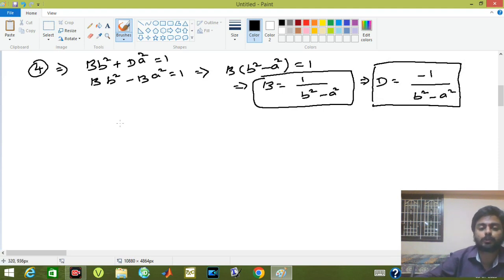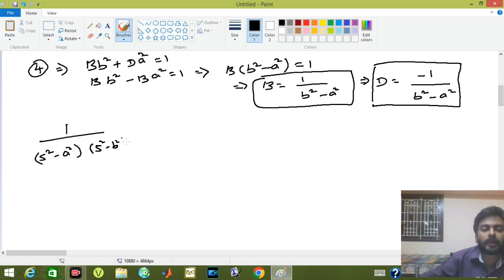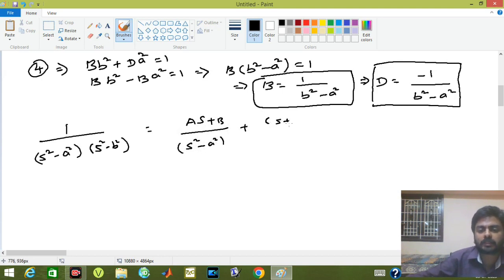Now you have to substitute these values in 1 divided by (s² plus a²)(s² plus b²) equal to what we have taken, (as plus b) divided by (s² plus a²) plus (cs plus d) divided by (s² plus b²).